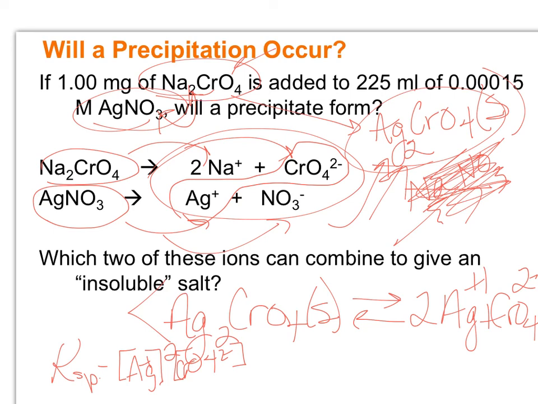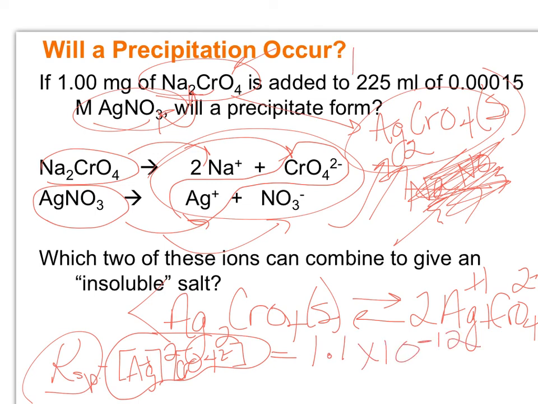Alrighty, and what this question didn't provide, which it should have, is the actual KSP value for silver chromate. And actually, whatever KSP value they give you, they're essentially telling you what the precipitate would be. All right, so I should have given this in the problem, but KSP is 1.1 times 10 to the minus 12.